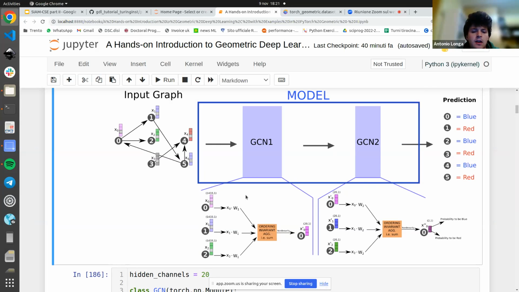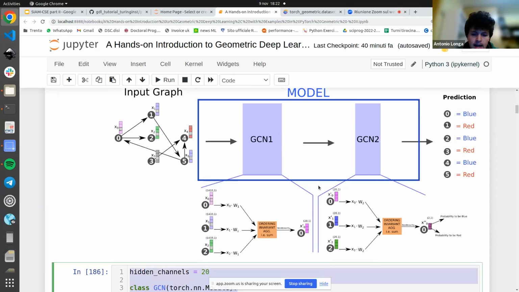The idea is that here in the first section of the image, I showed you how to compute x prime of 0, but you have to compute this x prime for all the nodes. So you will have x prime 0, x prime 1, x prime 2. In the case of x prime 1, it has its own computational graph, because this structure is called a computational graph, which collects information from x5 and x1.